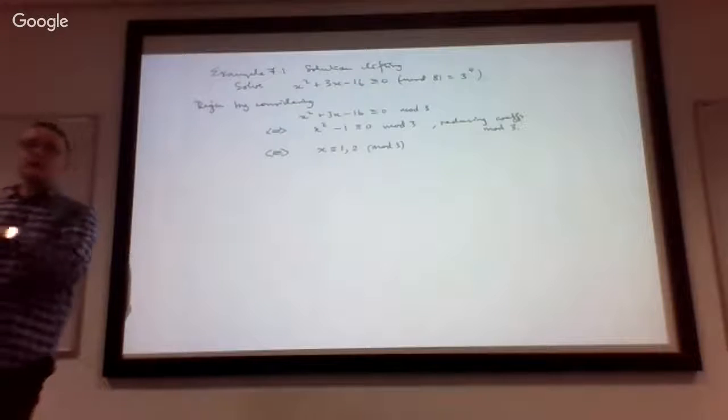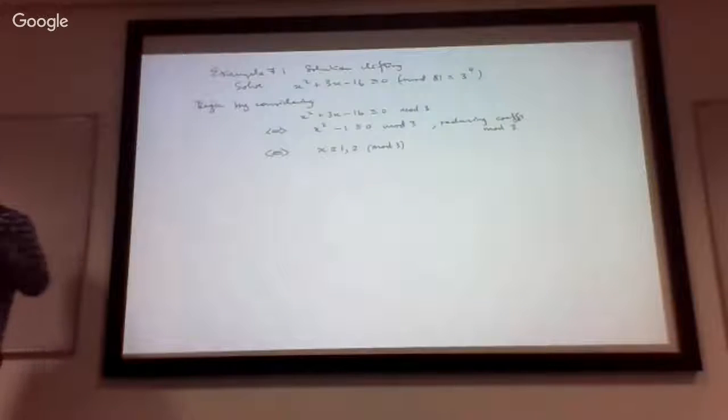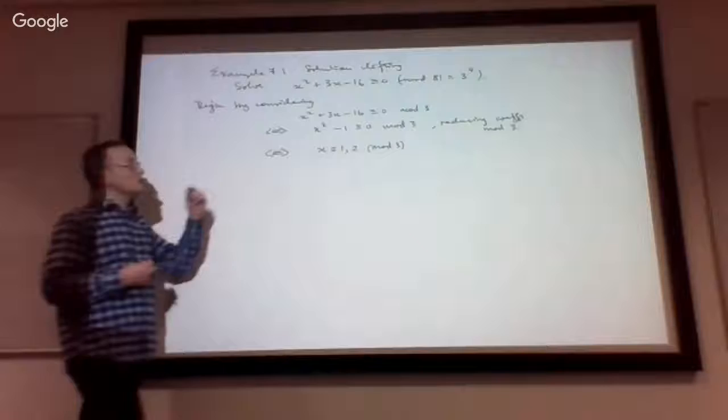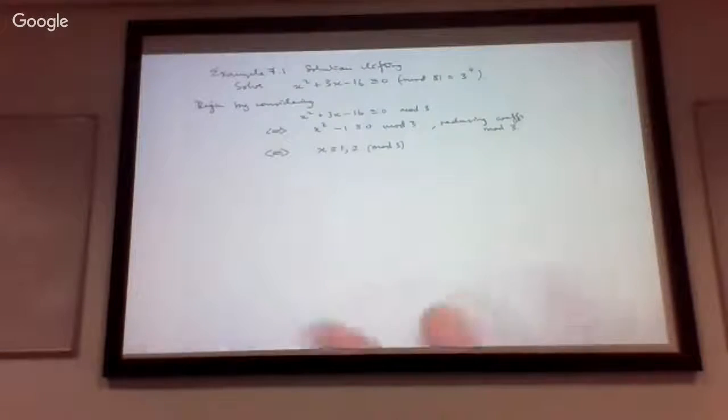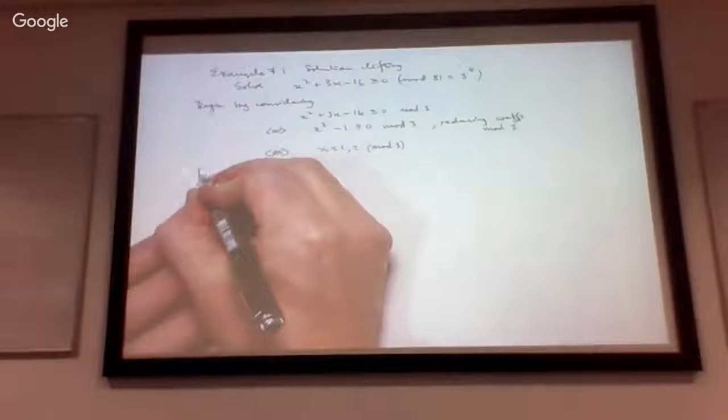So we've got this theorem now which allows us to lift solutions to the next level. The next level will be 3 squared, 9. So we'll take them one at a time.